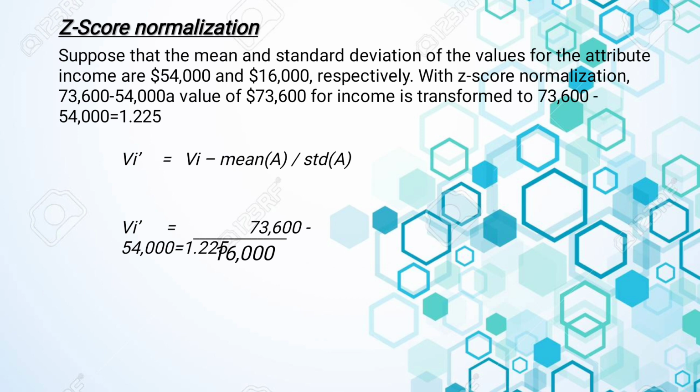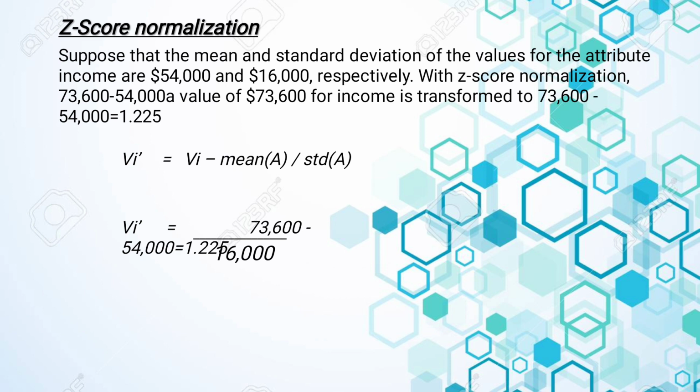So here we have the formula: Vi minus mean of A divided by standard deviation of A. Here Vi means 73,600 minus mean, they have given mean as 54,000, divided by standard deviation 16,000.